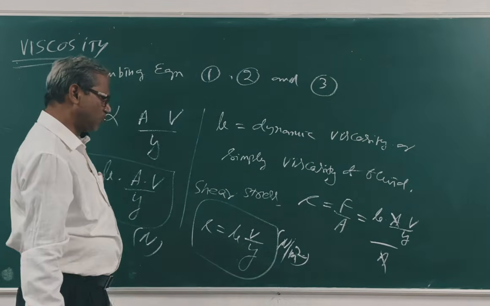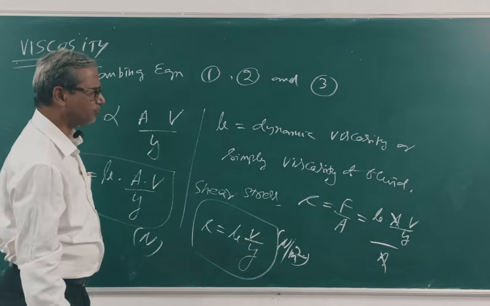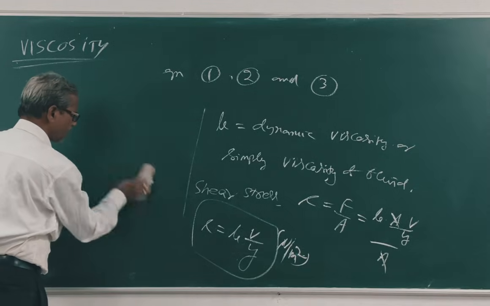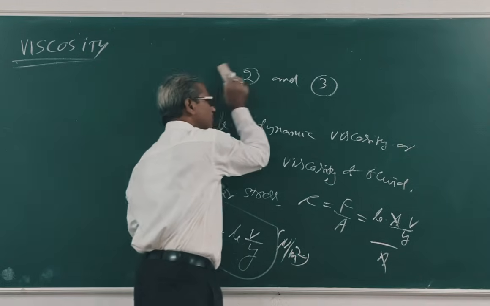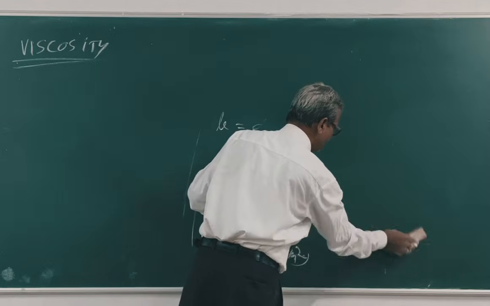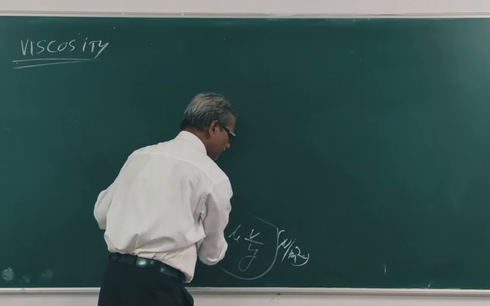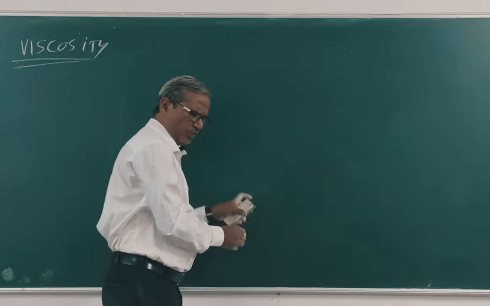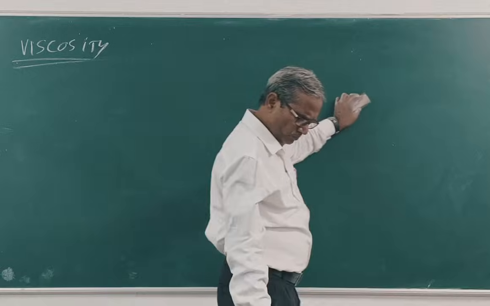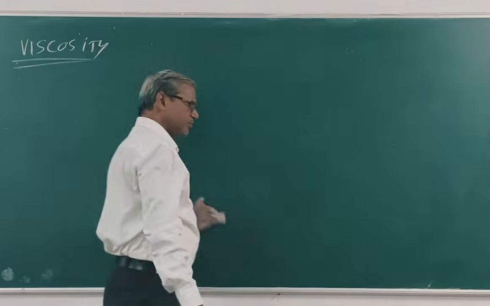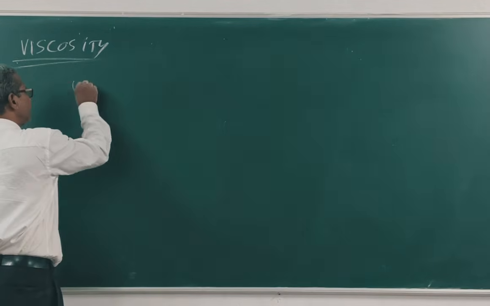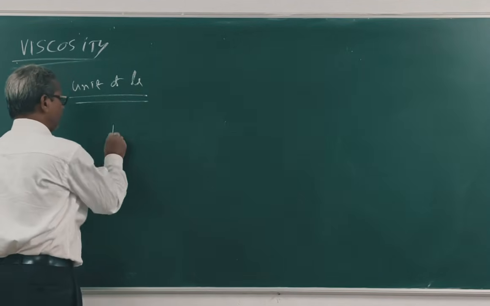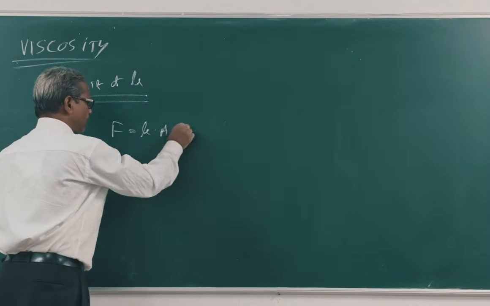So first find out the unit of mu. What is F equal to? Mu A v by y.